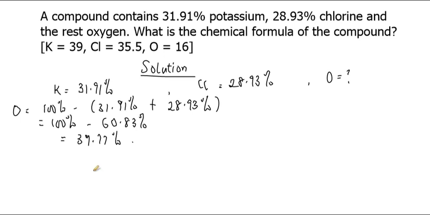Now we have calculated the percentage composition of oxygen present in the compound, we know that of potassium and we know that of chlorine. This will be making the work very much easier.